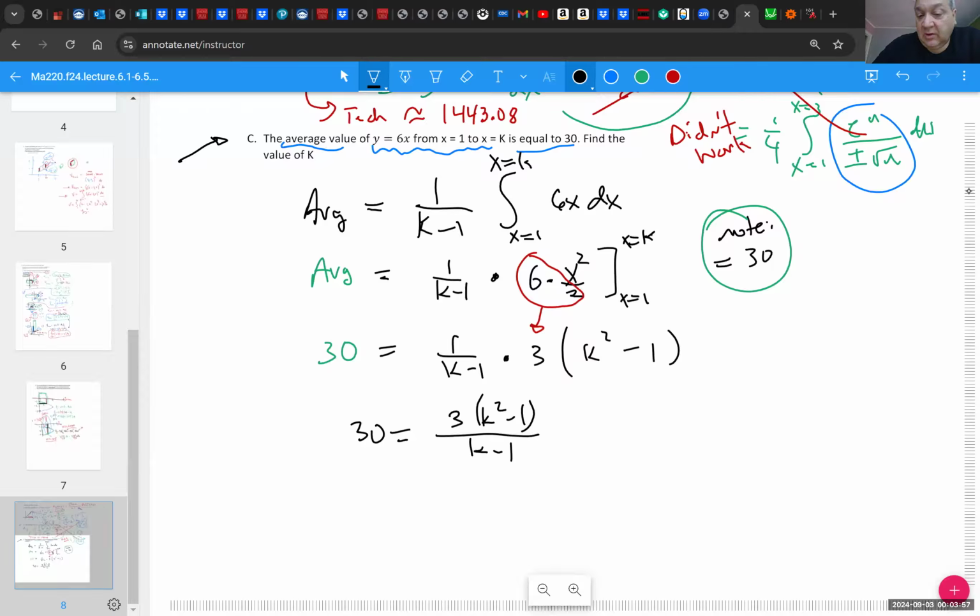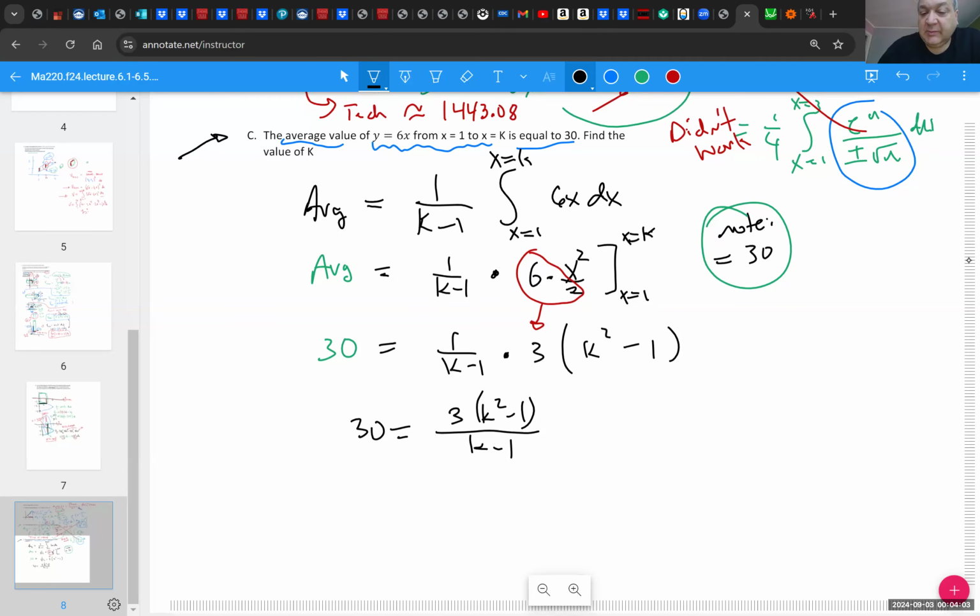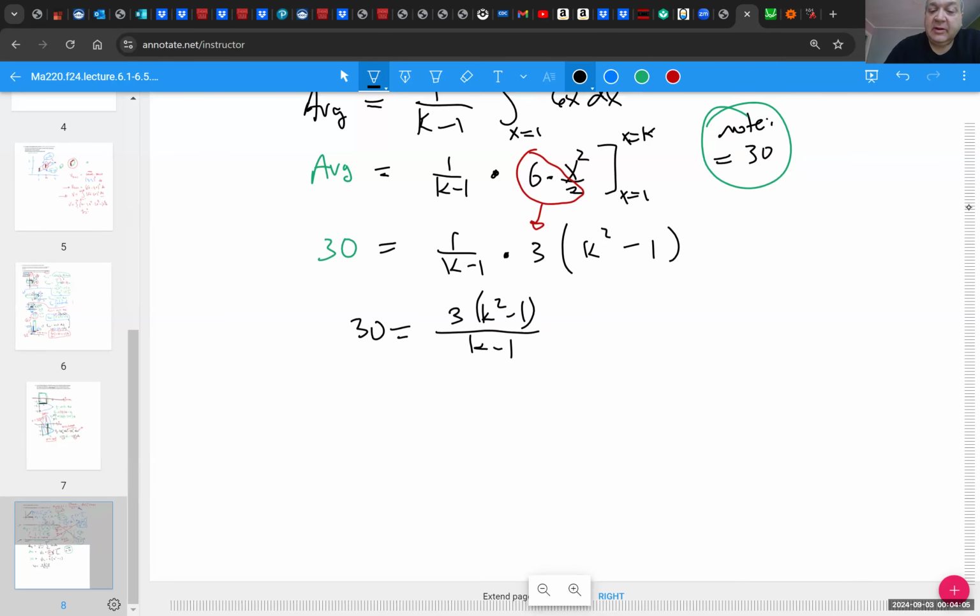All right, so we've got to solve this equation. There are many ways of solving this equation. I think a lot of people would multiply both sides by k minus 1 to get rid of the fraction. So these divide out, and then multiply the other side by k minus 1 and distribute. That would be a very typical way of doing it.